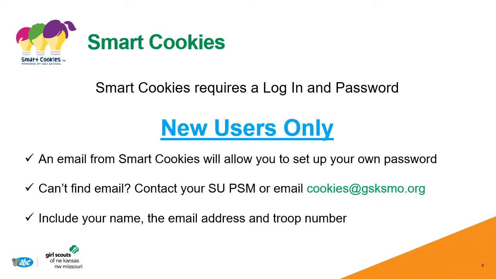New users will receive an email from Smart Cookies that will allow you to set up your own password. You'll get a cookiegram prior to receiving that email, giving you a heads up that it's on its way and showing you what to look for. Once you receive the cookiegram, if the time frame has passed in which you were supposed to receive the email from no reply at abcsmartcookies.com, email us at cookies@gsksmo.org or contact your service unit product sales manager.